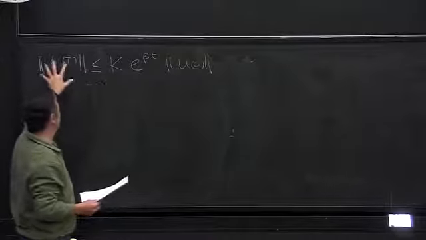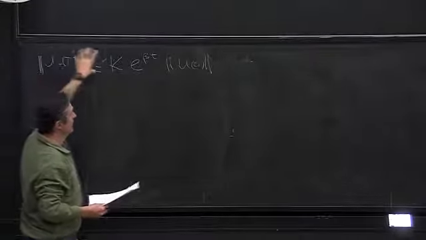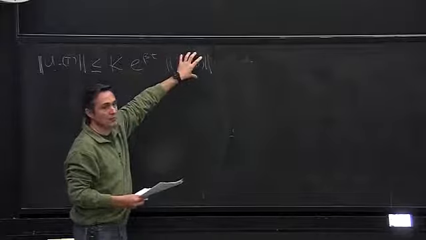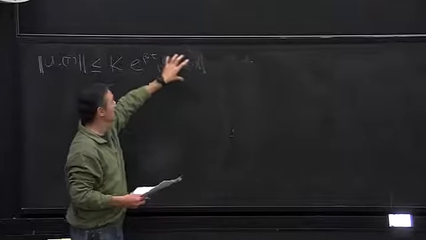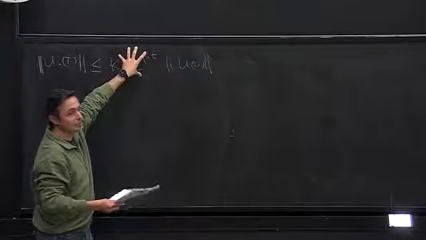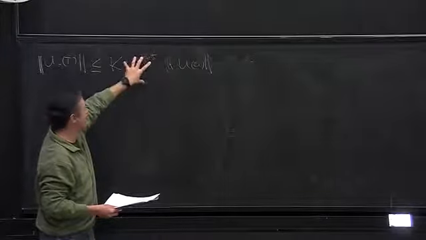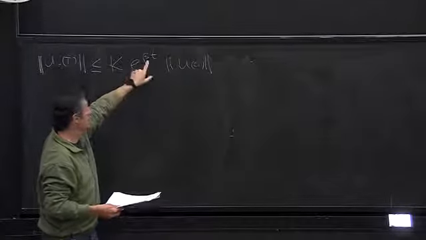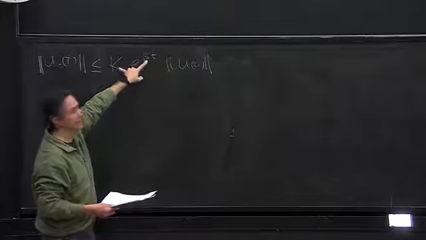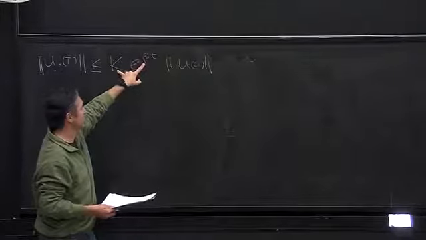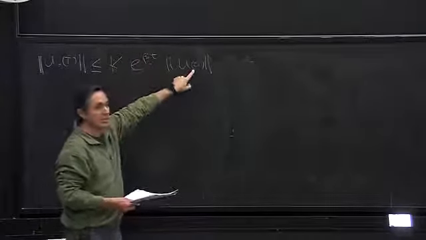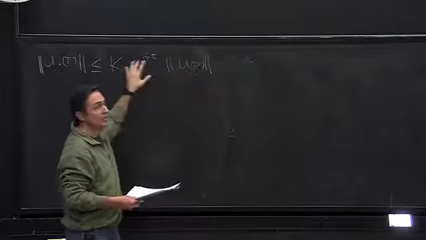So if the norm of the solution at a given time can be bounded by the norm of its initial value with some possibly wildly departing function in front, as long as this beta and as long as this kappa or this K do not depend on the initial data, they are universal constants.